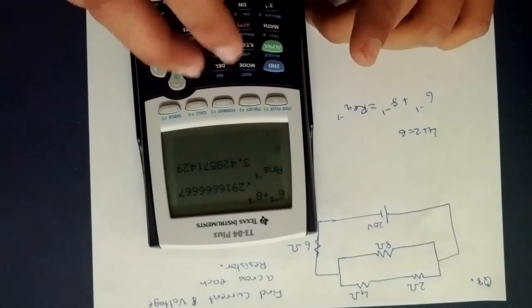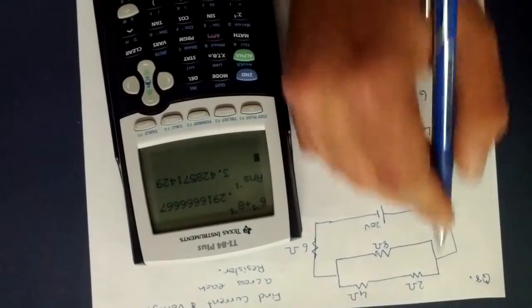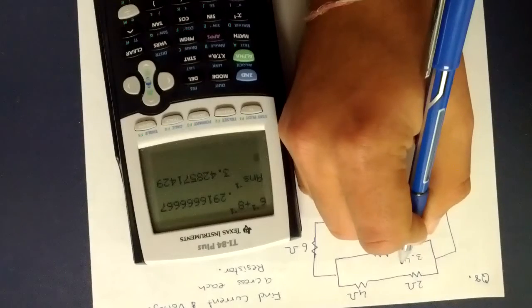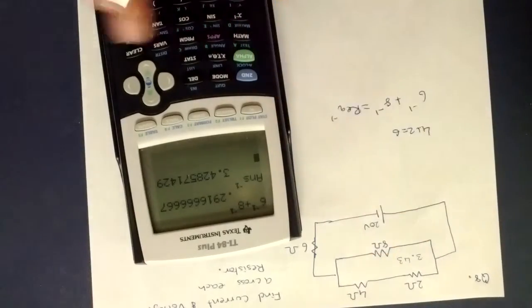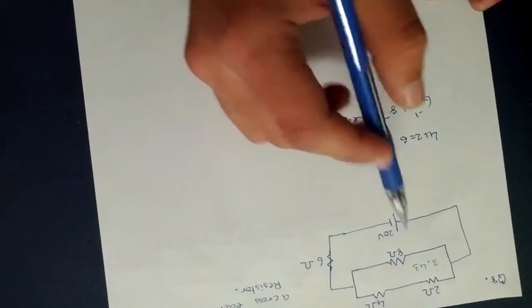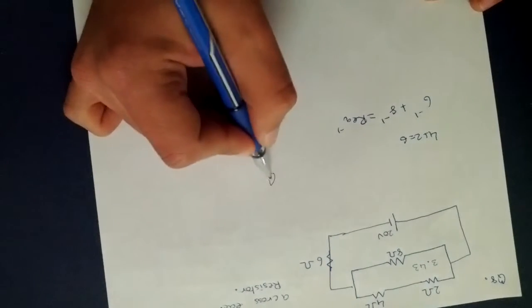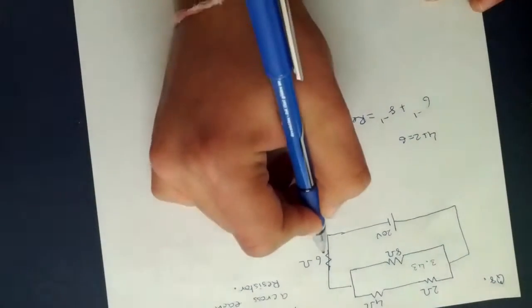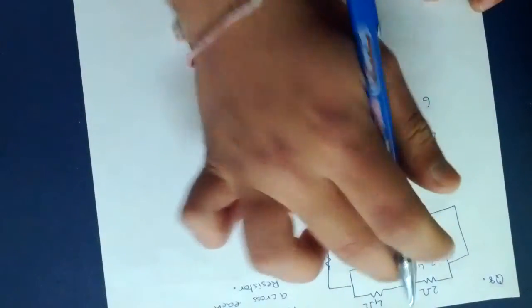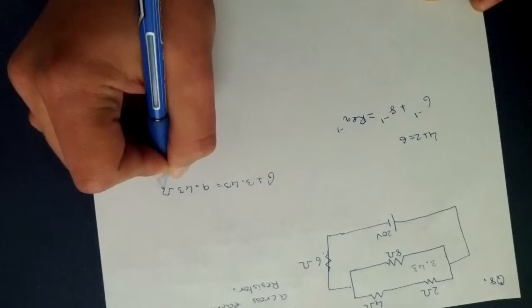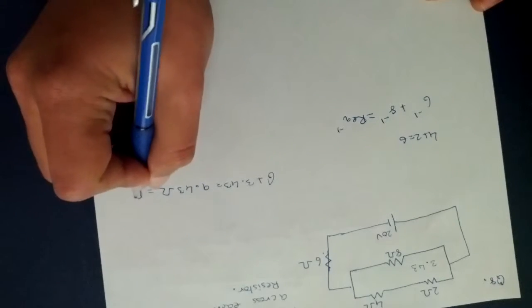We can round it off, so Req of this is 3.43. Now just treat this as series again. So 6 plus 3.43, because this resistor and the Req of the loop, 3.43, is 9.43 ohms. That's the Req.